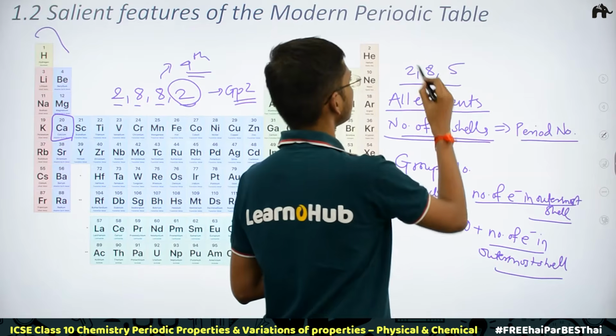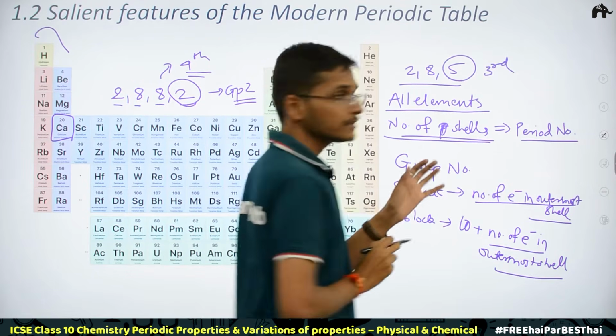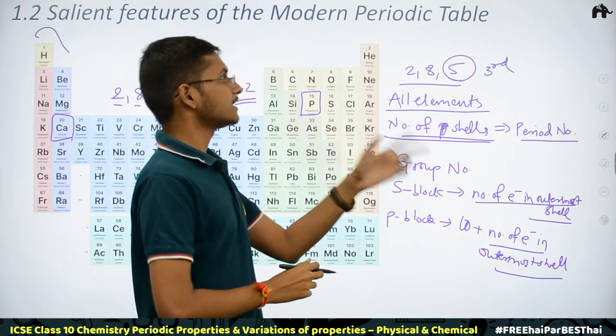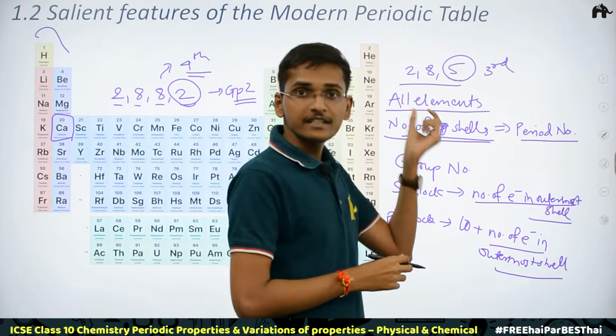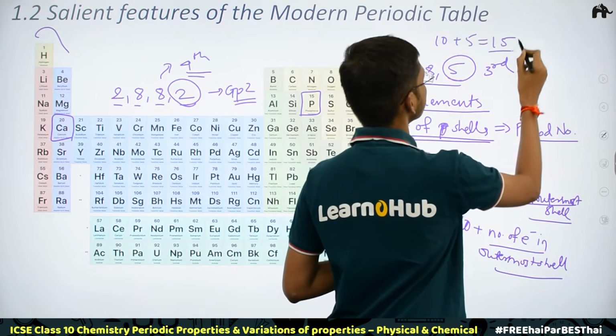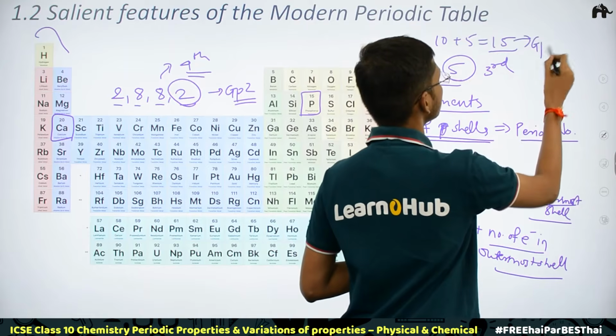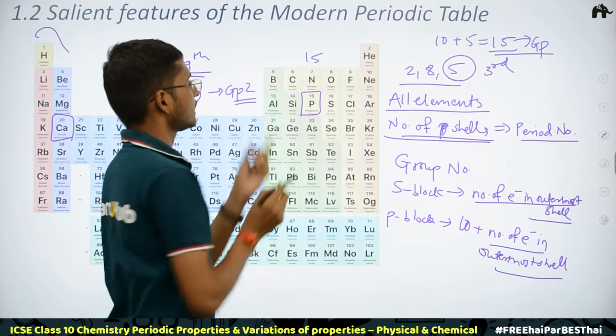So I would easily figure out 3 shells, 3rd period, but 5 electrons in the outermost shell and it is a P block element. So I would add 10 to it. 10 plus 5 is 15, and yes, it belongs to the 15th group of the periodic table. You can just check, this is the 15th group and third period.